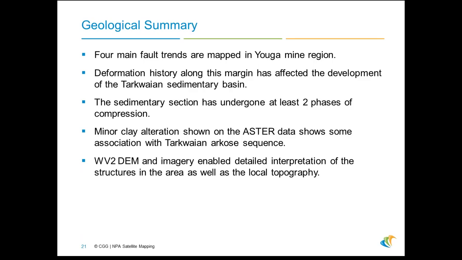However, some minor clay alteration was identified in association with the Tarquinian Arco sequence, which provided some targets for follow-up in the field. The combination of the regional as well as the detailed interpretation allowed significantly more detail to be extracted to support the contextual geological analysis, as well as providing useful additional information on the local topography to support planning and access within these blocks.